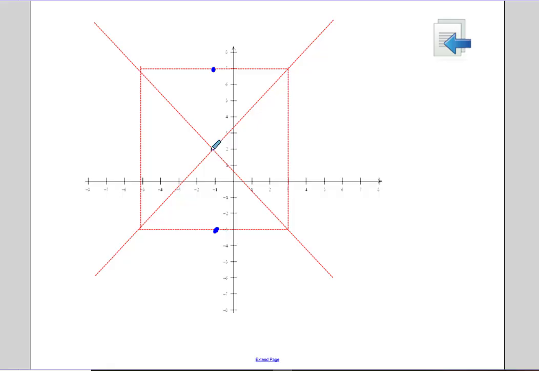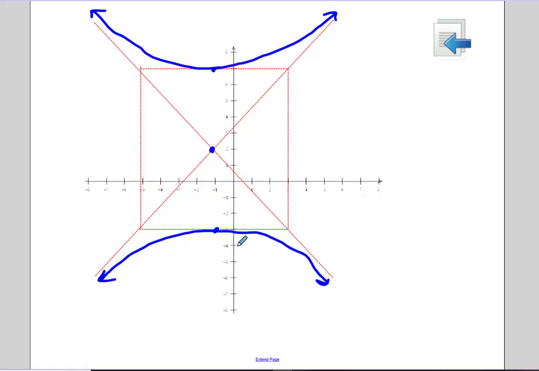So we've got a center at (-1, 2). We've got this point up here at (-1, 7), which is where one of our branches goes through that main vertex, and then through (-1, -3). So the two vertices are where our branches are located.